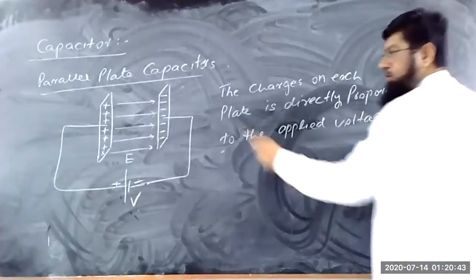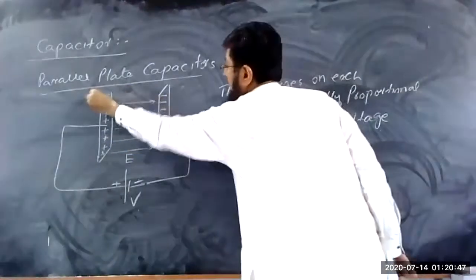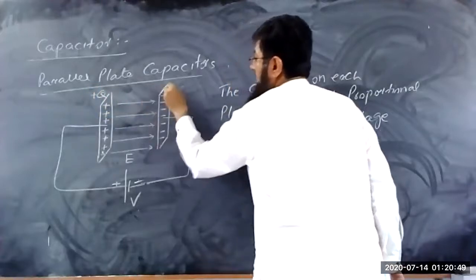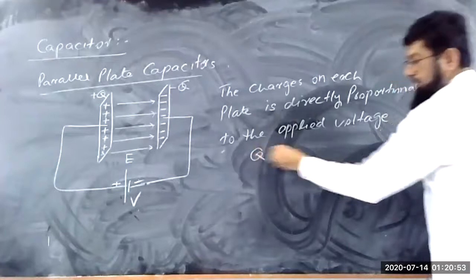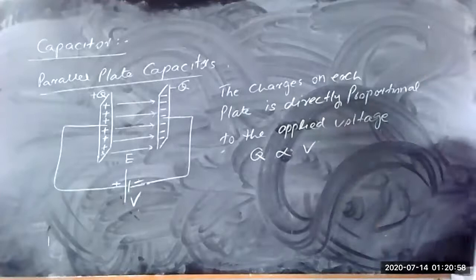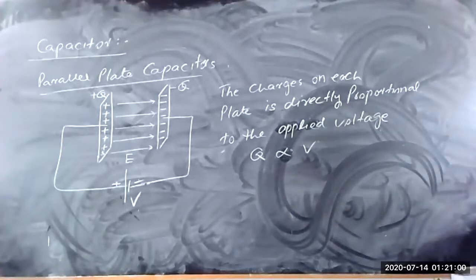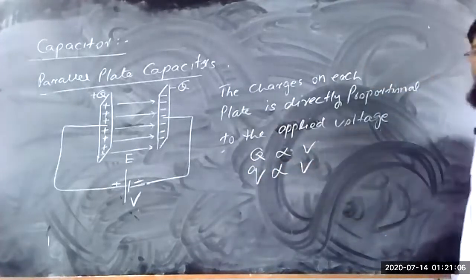So this charge on each plate is Q. Q is the amount of charge on each plate. This is positive Q and this is negative Q. So this Q, the charge on each plate, is directly proportional to the applied voltage. So here this Q, you may write it as a small letter q, is directly proportional to V.